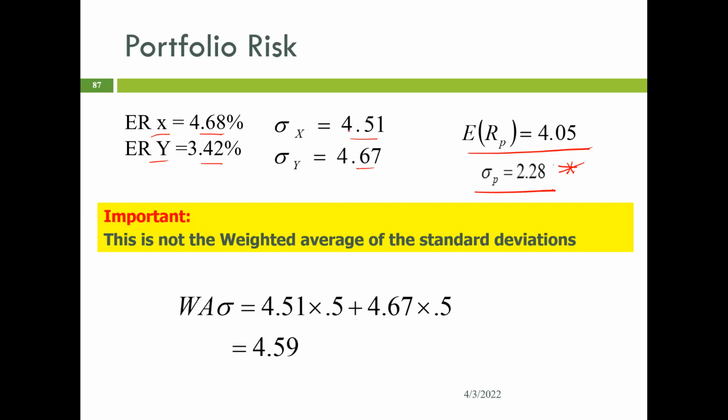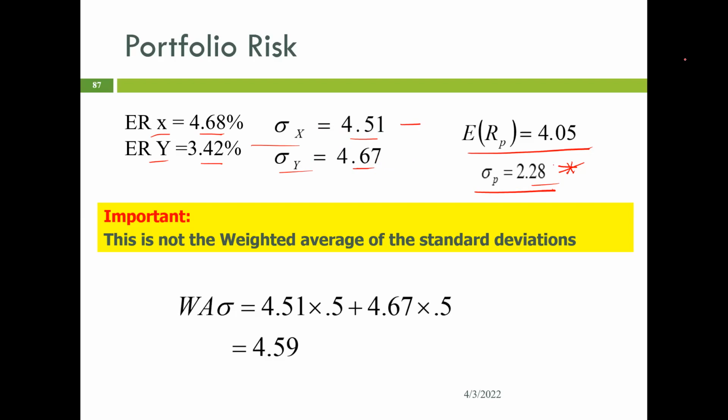If you invested only in X, your risk is 4.51. If you invested only in Y, your risk is 4.67. Once you construct a portfolio using X and Y, your portfolio risk is 2.28. Now I will explain how to see whether you have gained some diversification effect or not. That's what we are going to discuss next.